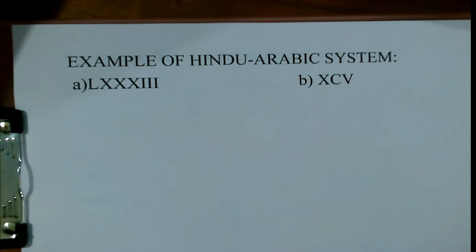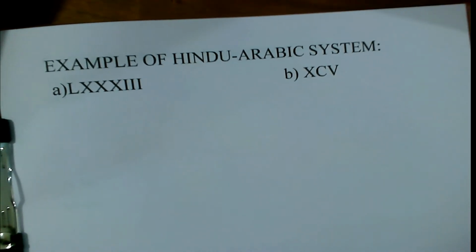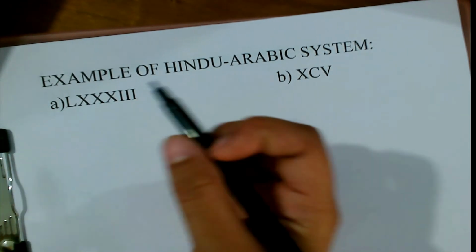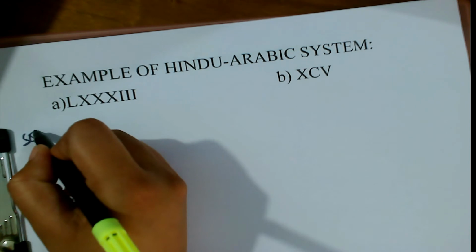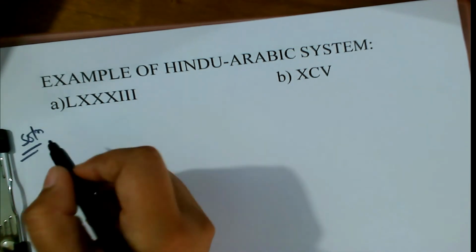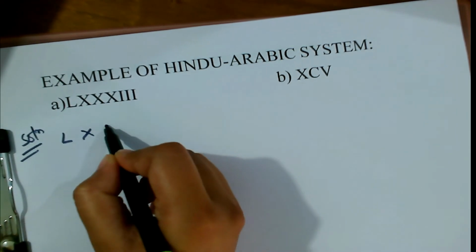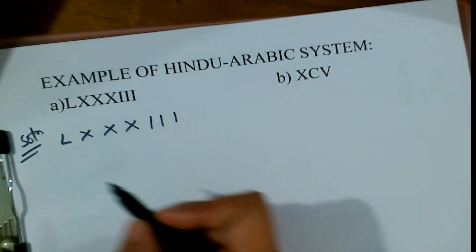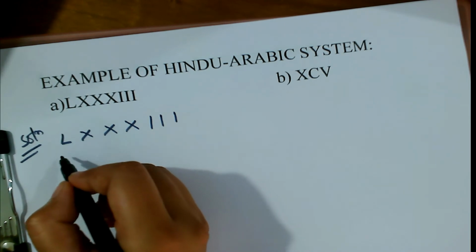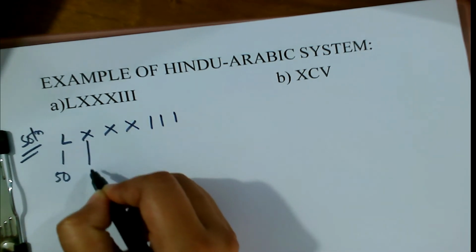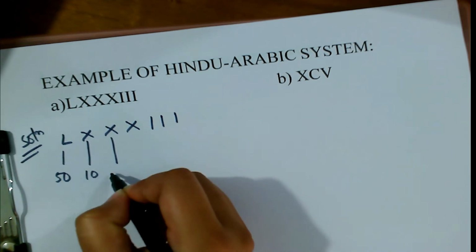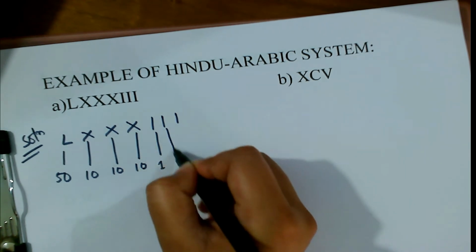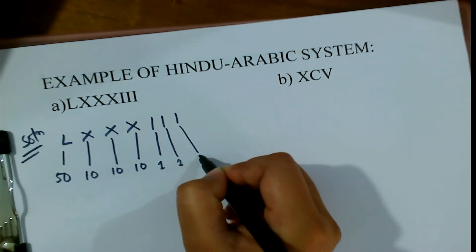Let's do an example of Hindu-Arabic system. This one, you turn it into the Hindu-Arabic number, okay? Let's do this one: LXXXI. L represents 50, X is 10, X is also 10, and 10, 1, and then 1.